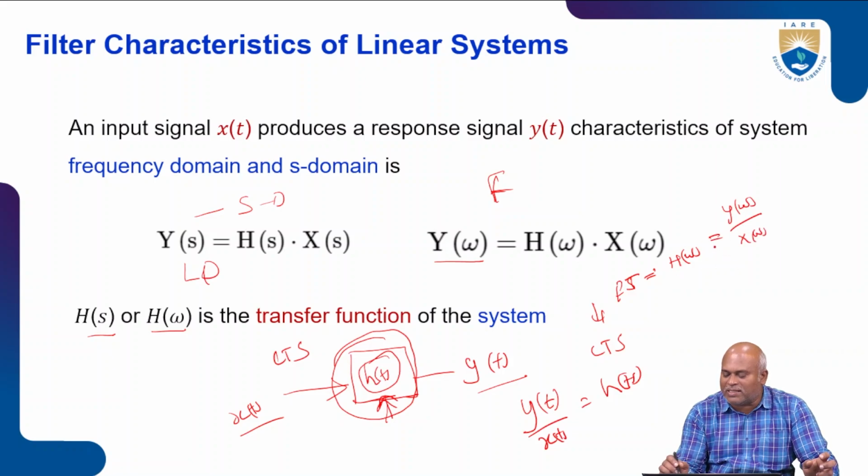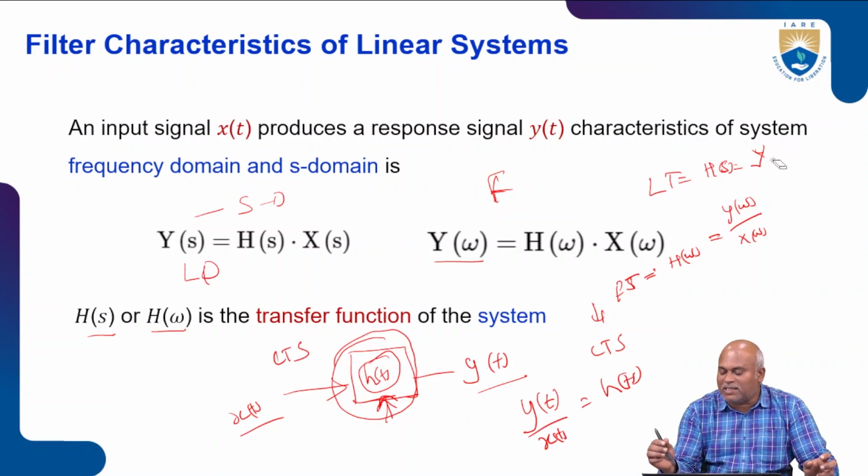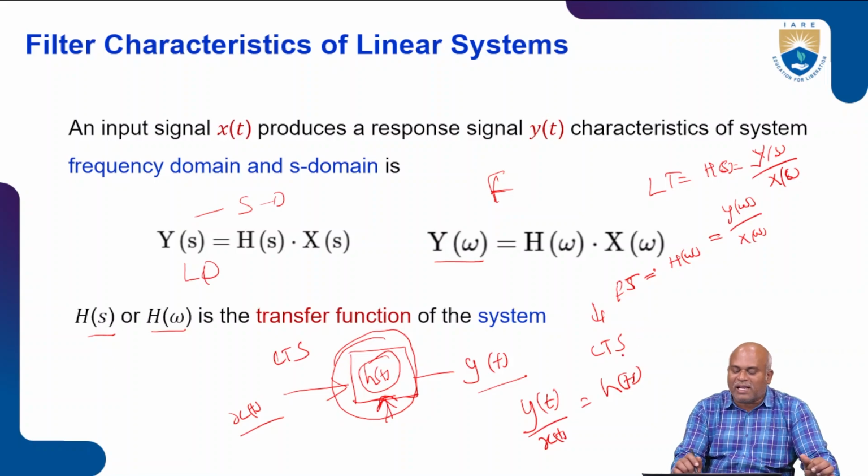Now for the Laplace transform, the system function H of s is equal to the system response Y of s in the s domain divided by X of s. This represents the transfer function.